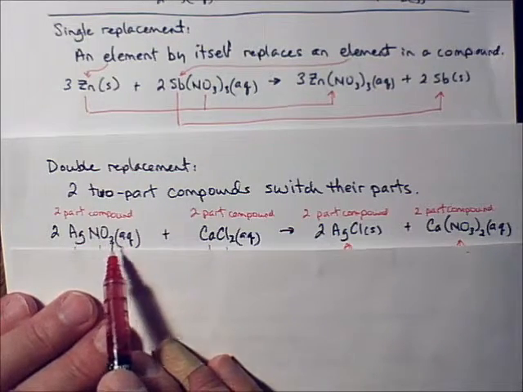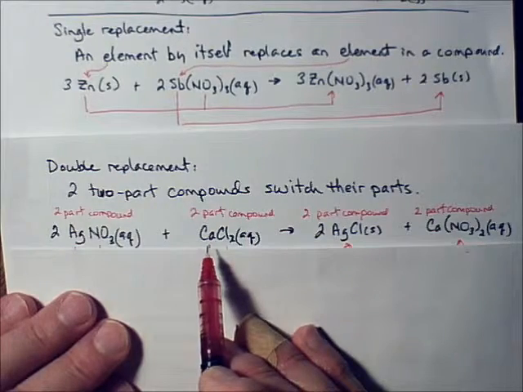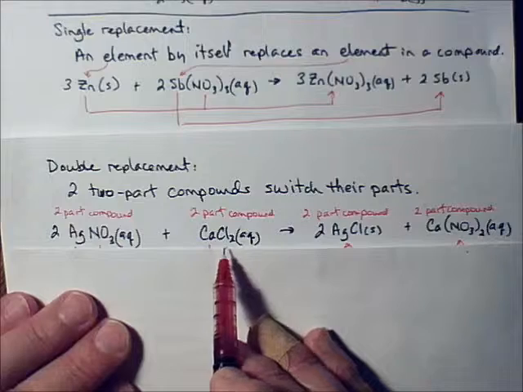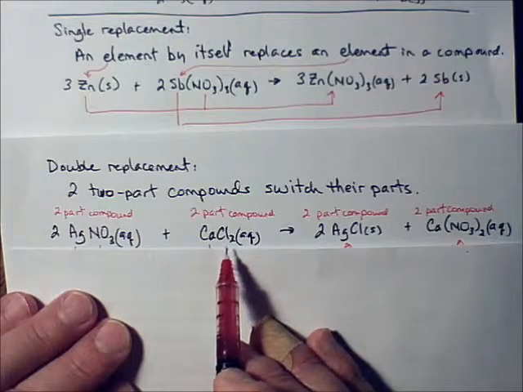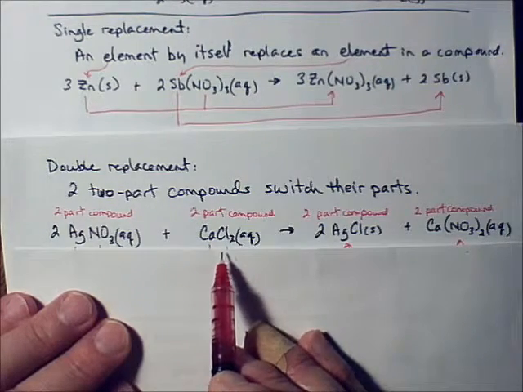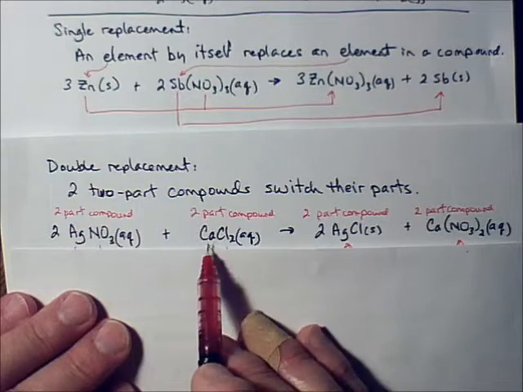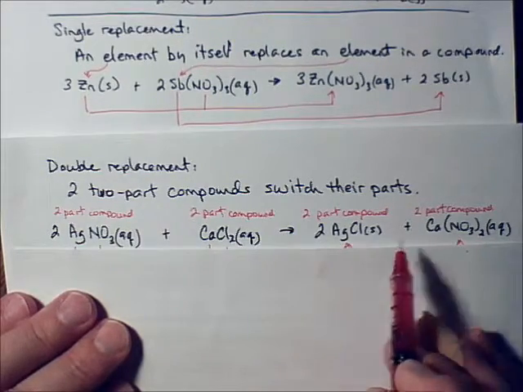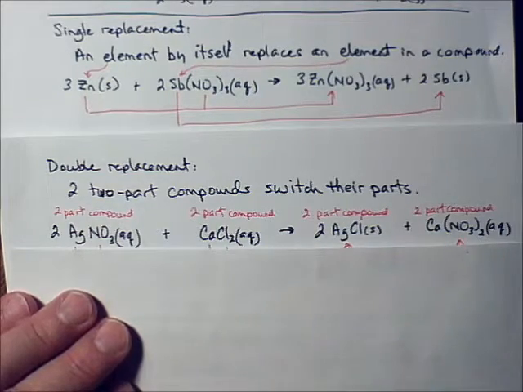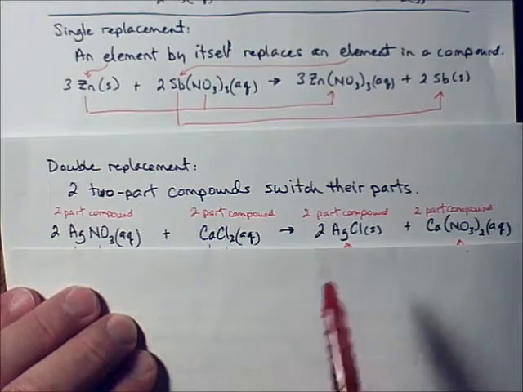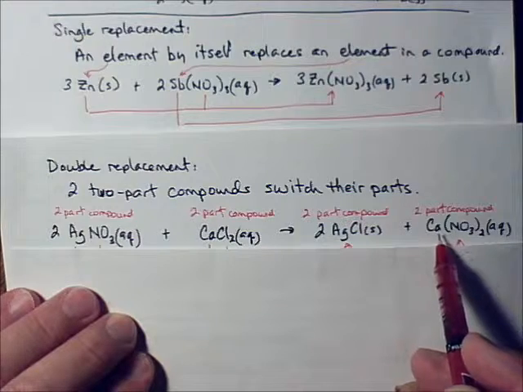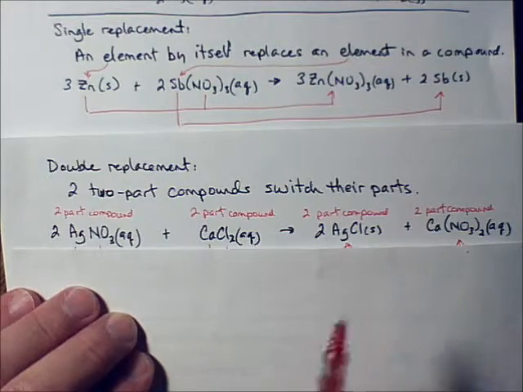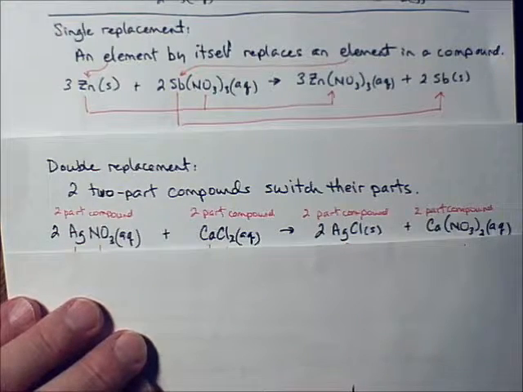NO3 is nitrate, yes. Here's a two-part compound. Calcium and chloride. Calcium is 2 plus, so you need two chlorines to balance that out. The chloride has a 1 negative charge. But it's a two-part compound. And what you end up with are two-part compounds. Is that AgCl solid? Yes, that's a solid. Okay?